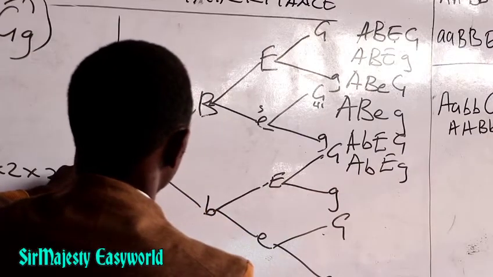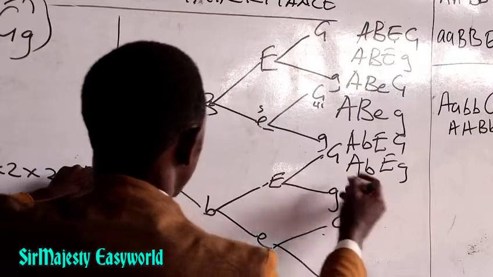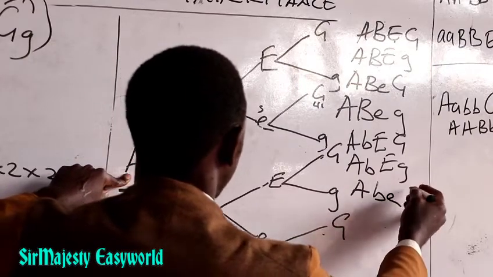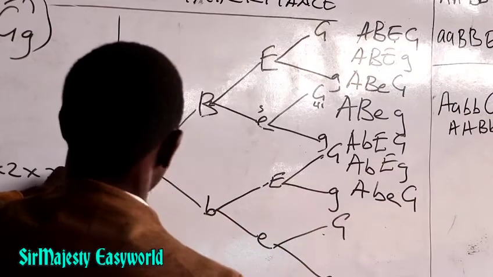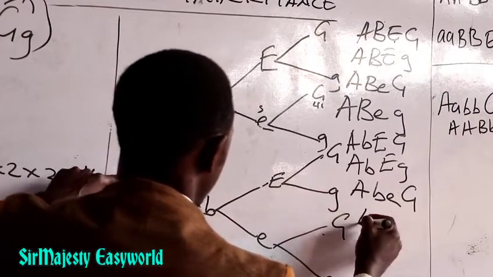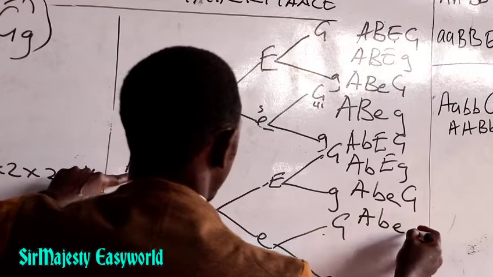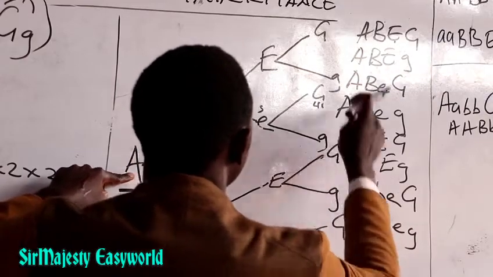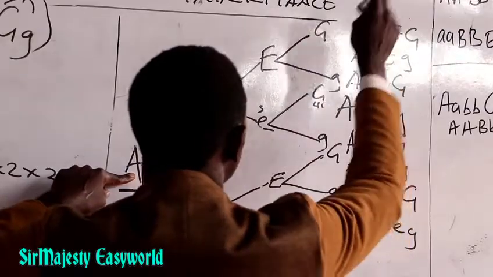Then the other way should be capital A, small b, small e, capital G. Then we have capital A, small b, small e, small g. So we're supposed to have 8. 1, 2, 3, 4, 5, 6, 7, and 8.